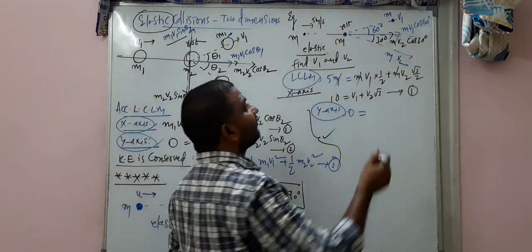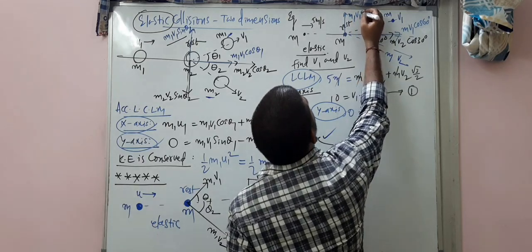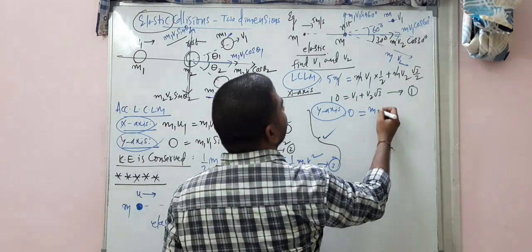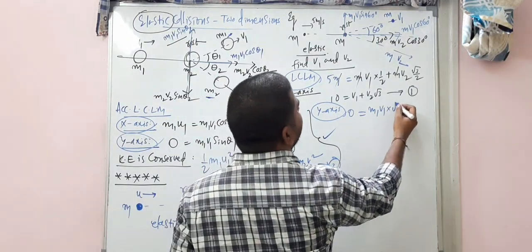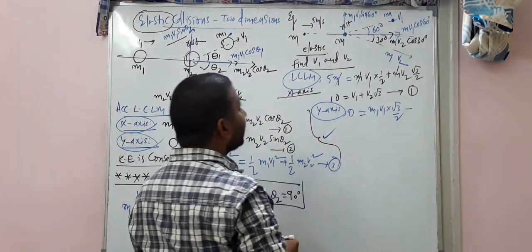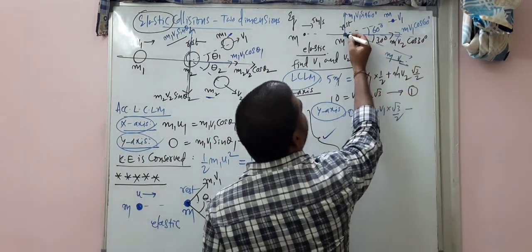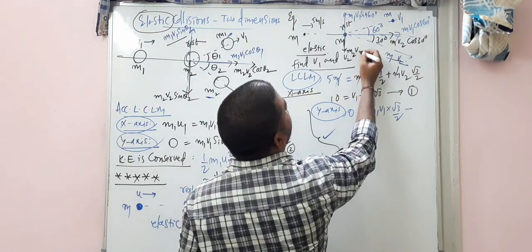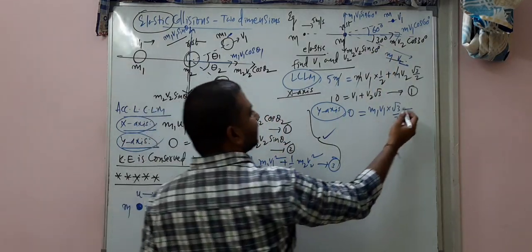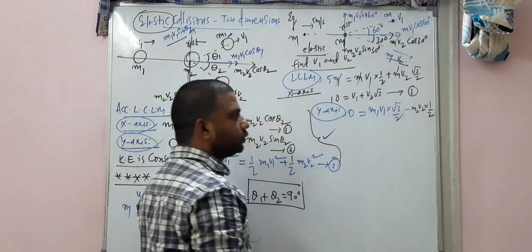After the collision, as we just discussed, it is m1 v1 sin 60, which is √3/2, minus, because for m2 v2 at 30 degrees there is one component, m2 v2 sin 30, which is 1/2.